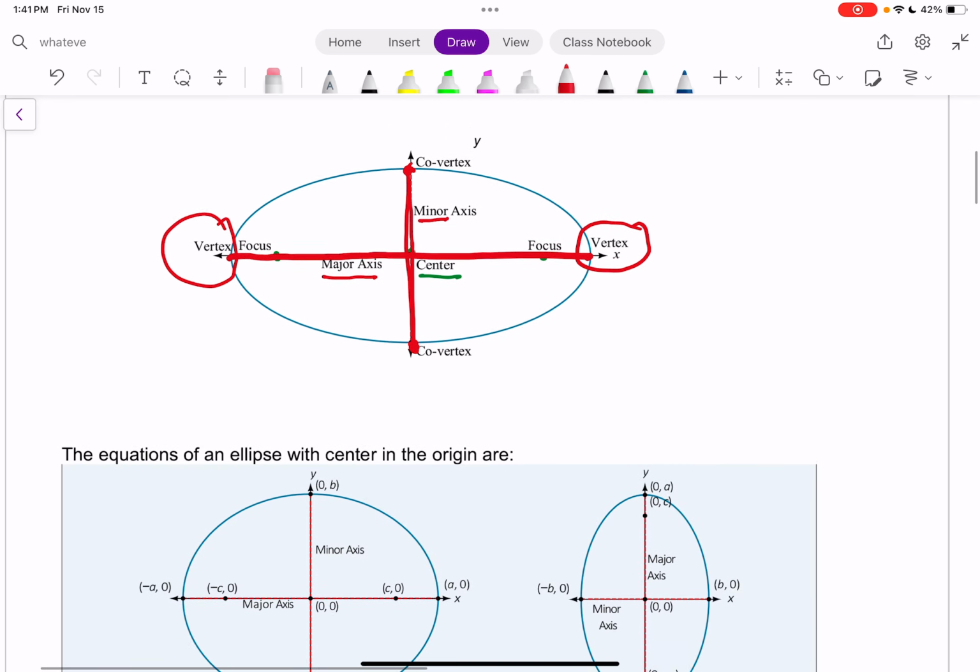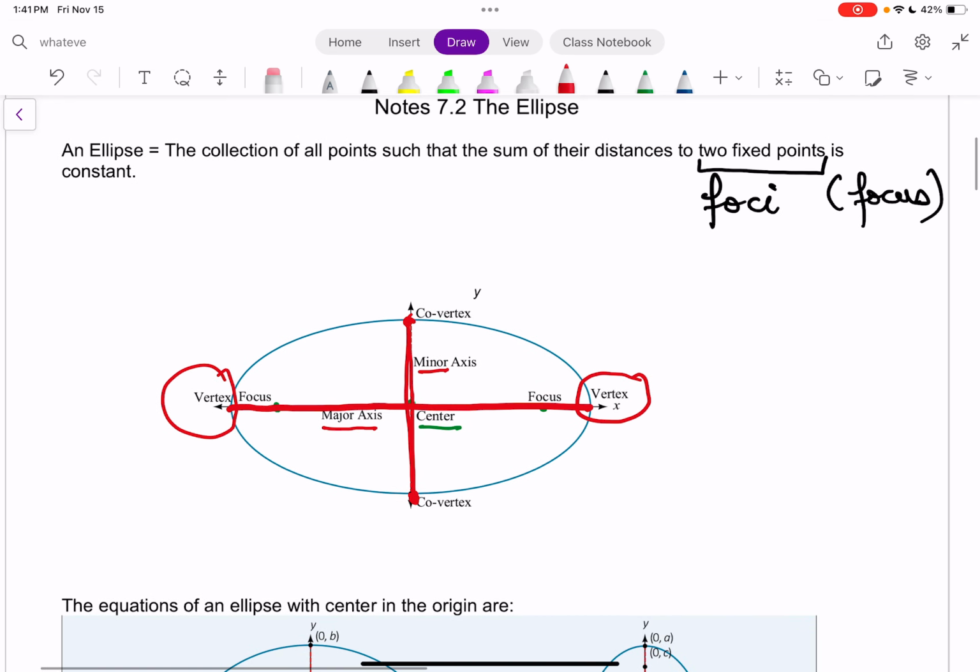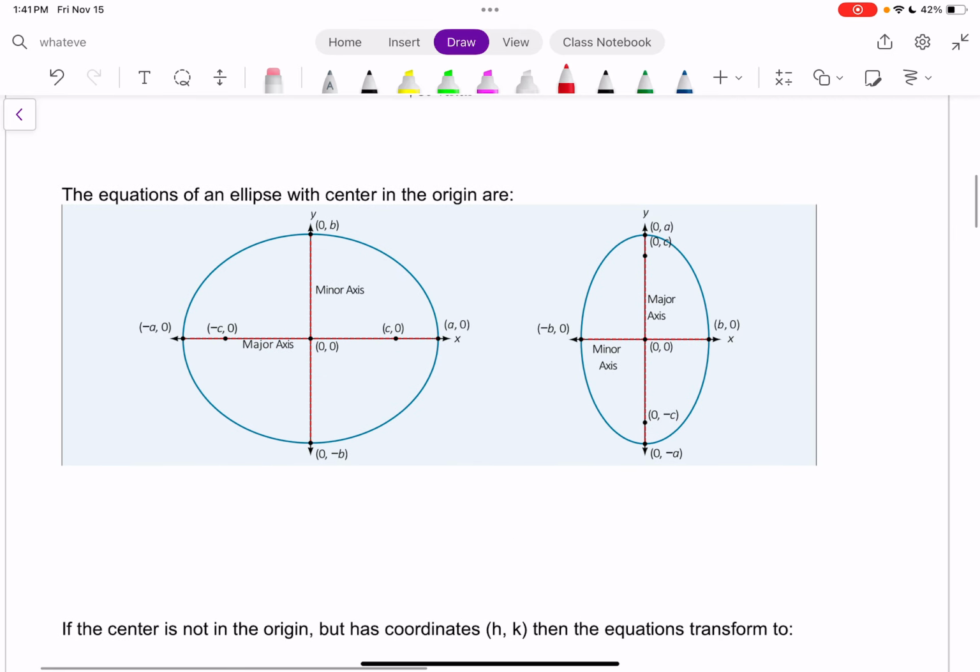So we're going to try and formalize these equations by placing an xy coordinate system on top of an ellipse. And again, at first, we're going to keep the center of the ellipse in the center of the xy plane. And then I have a few labels for you.